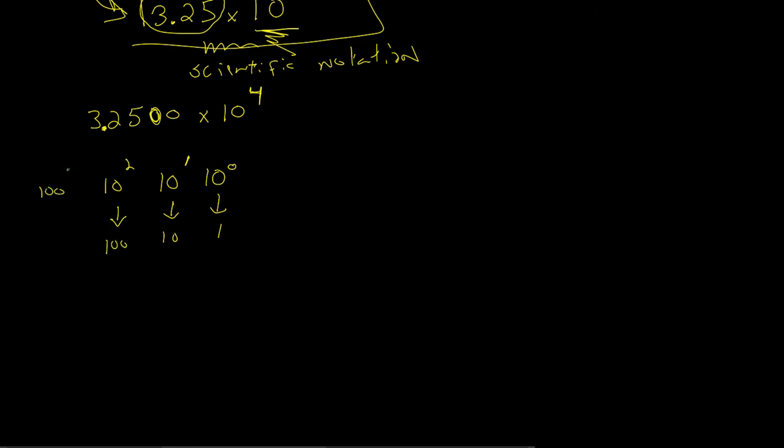And the thousands place, 10 cubed. When I'm talking about the first place beyond the decimal point, which is 1/10, that was 10 to the negative 1. And when I'm talking about 100th, it was 10 to the negative 2. And 1,000th is 10 to the negative 3.